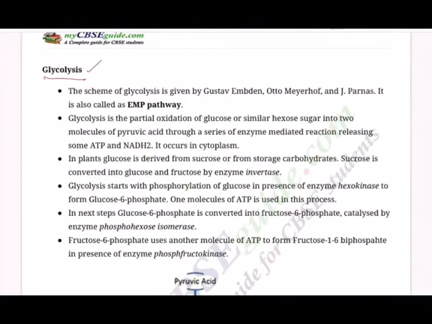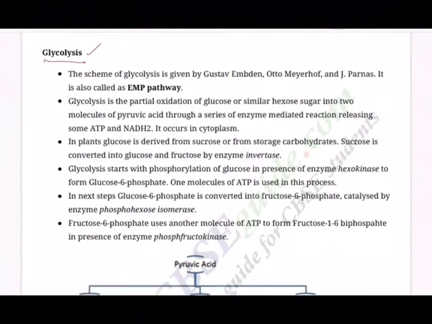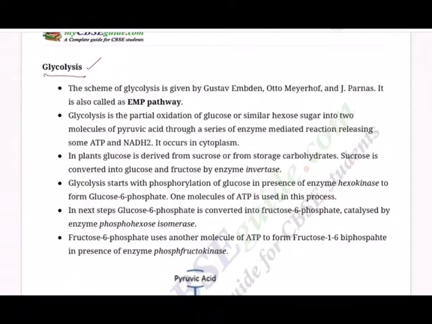Then further, the fructose 1,6-biphosphate having 6 carbons splits into 2 molecules, 3 carbon plus 3 carbon, that is glyceraldehyde 3-phosphate and dihydroxyacetone phosphate. These 2 chemical compounds are reversible.